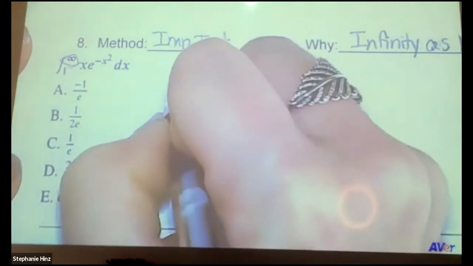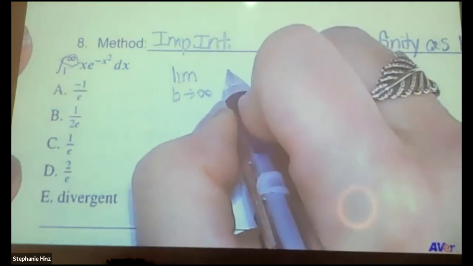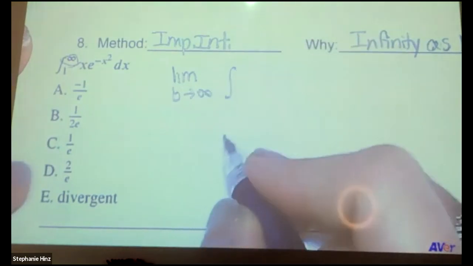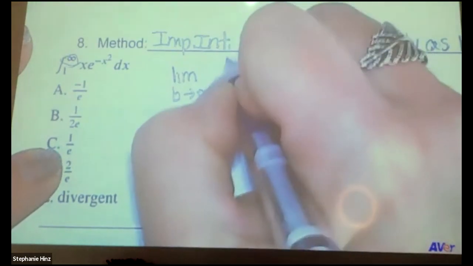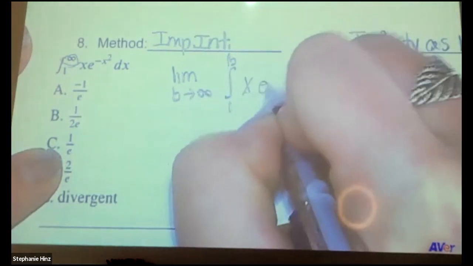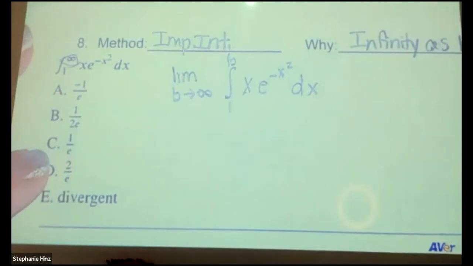I say the limit as b approaches infinity of the integral from 1 to b of x e to the negative x squared dx.